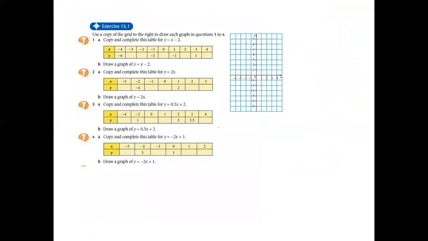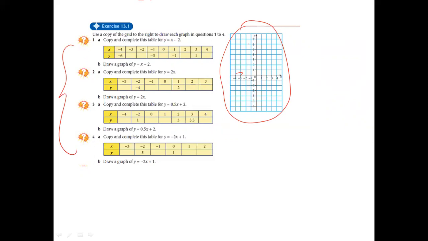Let's choose some examples. What is the first equation? Use the copy of the grid to the right to draw each graph. Please use this coordinate system or grid for the 4 equations. So what is the first equation?